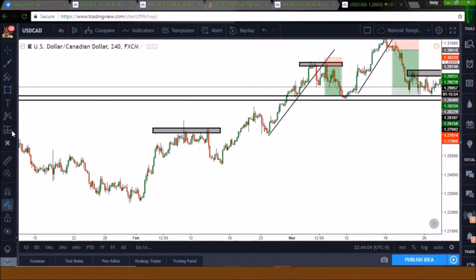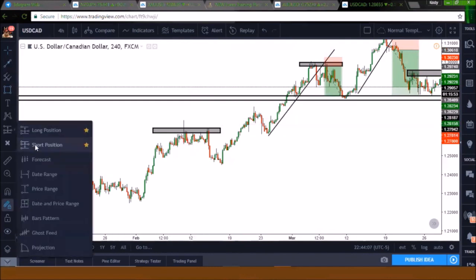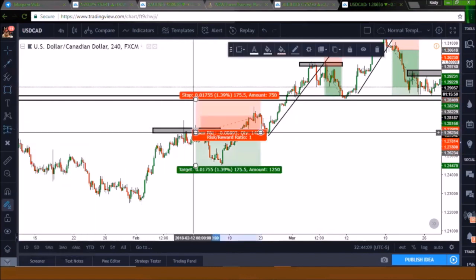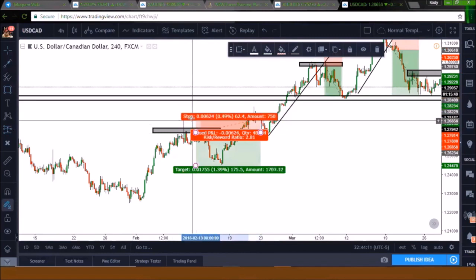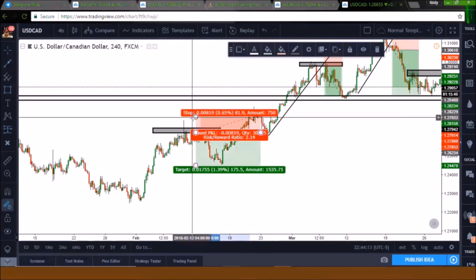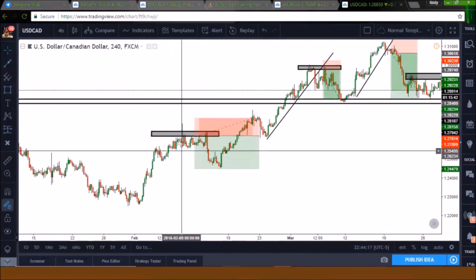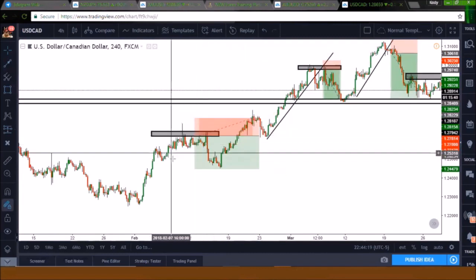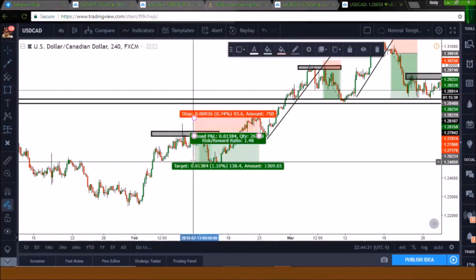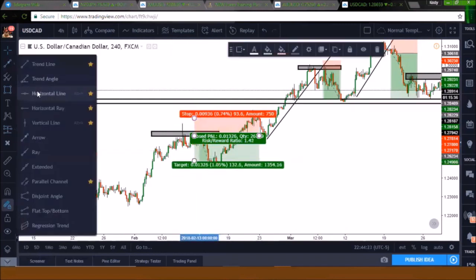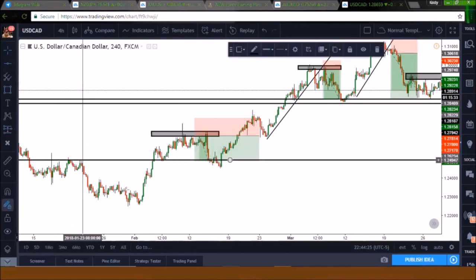You don't have a choice. And I mean, you do have a choice, but at that point, you're just gambling if you put your stop loss inside here. You have to put it above this wick. So you need to take that into consideration when you're looking for a sell trade from this area. Look how much risk you're going to have. Is it really worth it when you know that your first target has to be right here?